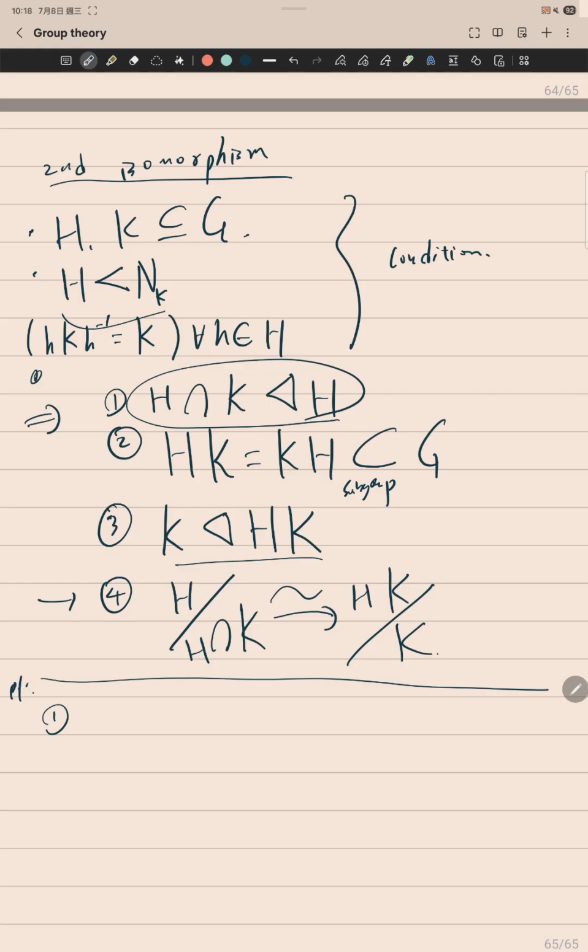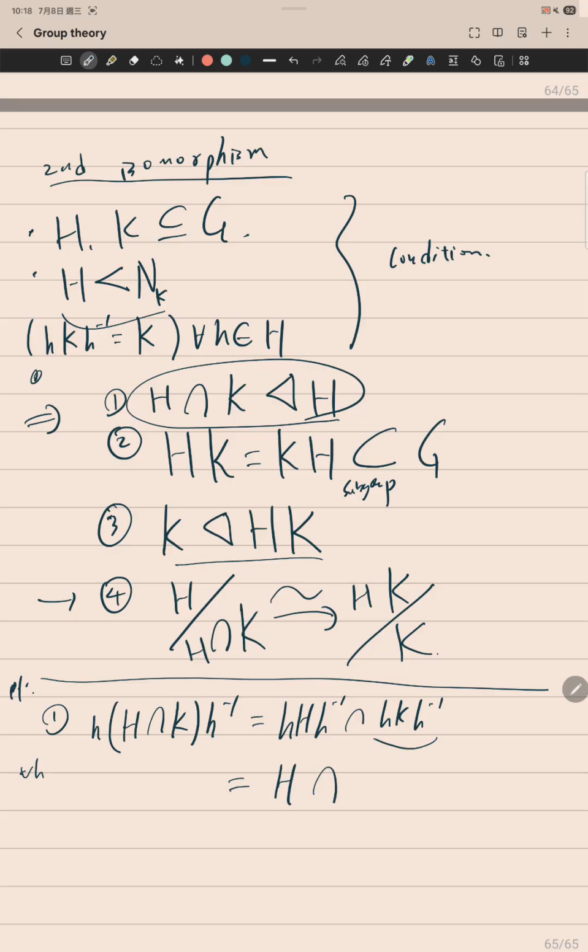Okay, so for the first one, I want to show that H intersection K is a normal subgroup of H. So I take any element h in H, and I compute h (H intersection K) h inverse. This is trivial. This is just h H intersection hKh inverse.